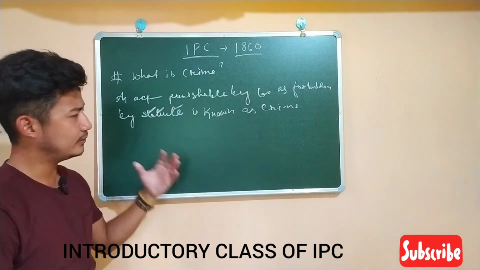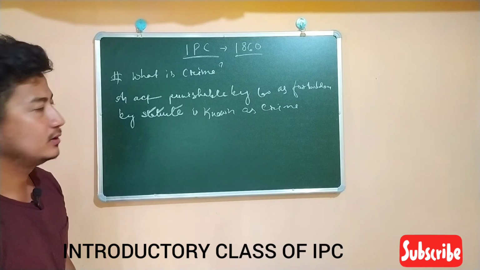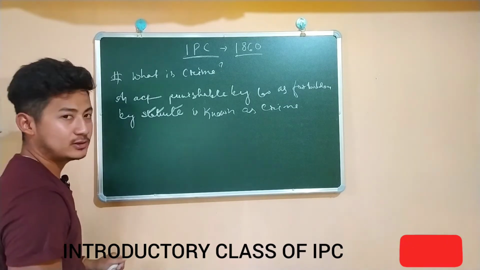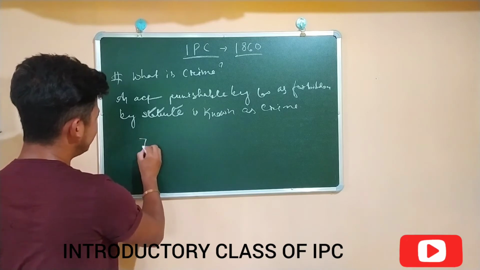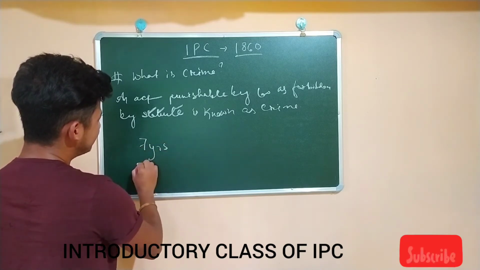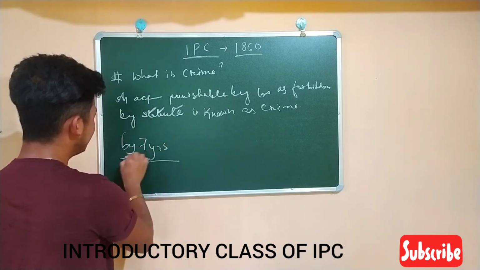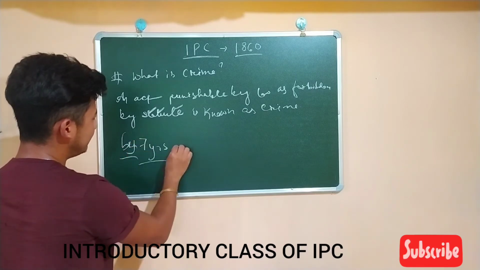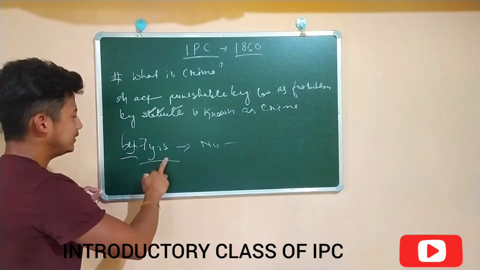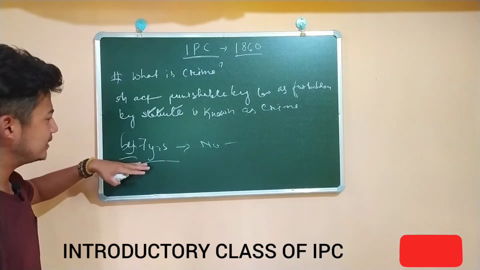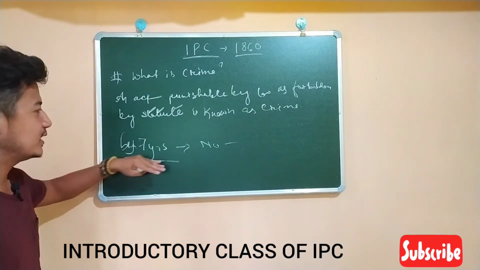And crime varies from person to person and place to place. The reason is that, suppose a crime is committed by a child who is below 7 years, it is no crime. No matter what the crime is, if a child below 7 years has committed it, he will not be responsible for it.